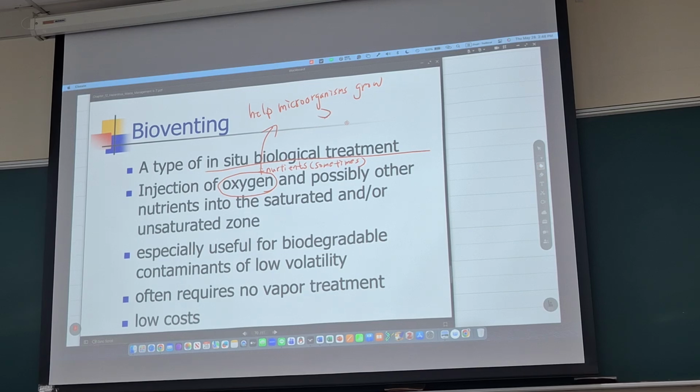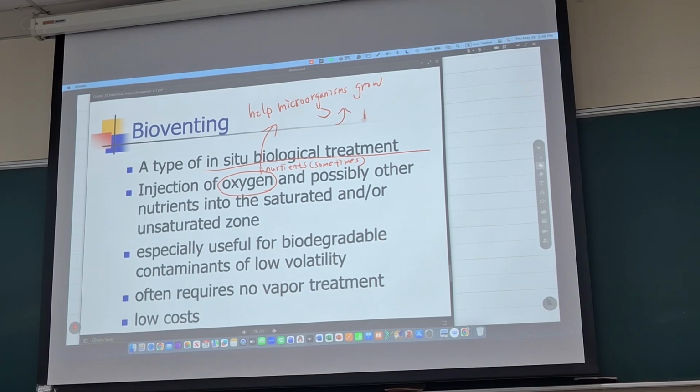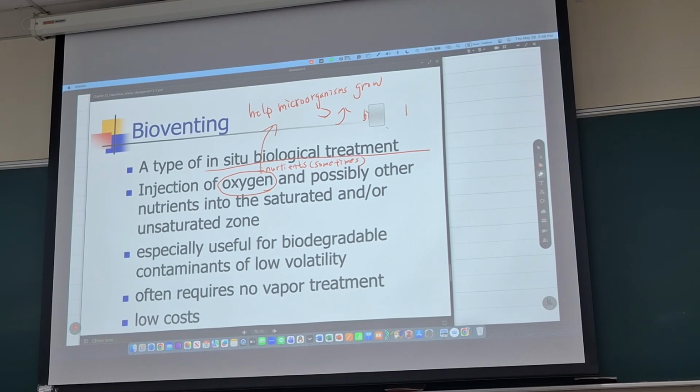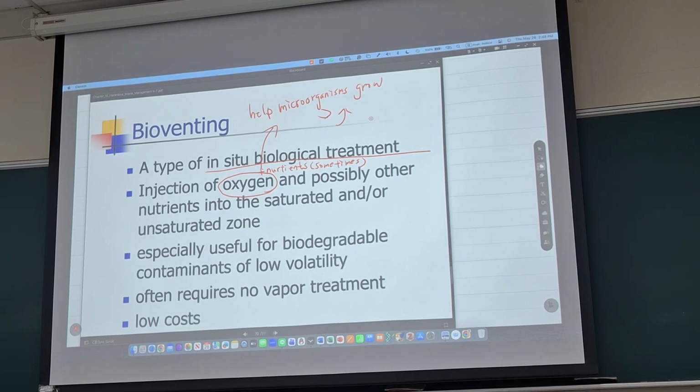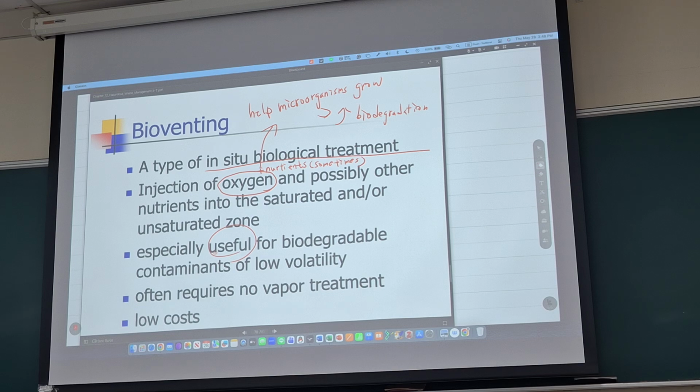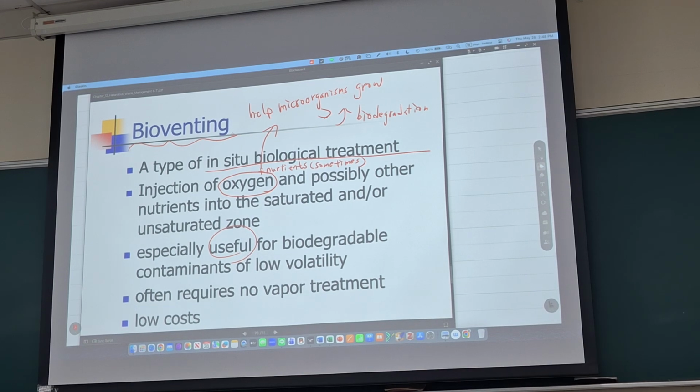Therefore, it can increase biodegradation. It's especially useful. So we call this bioventing.